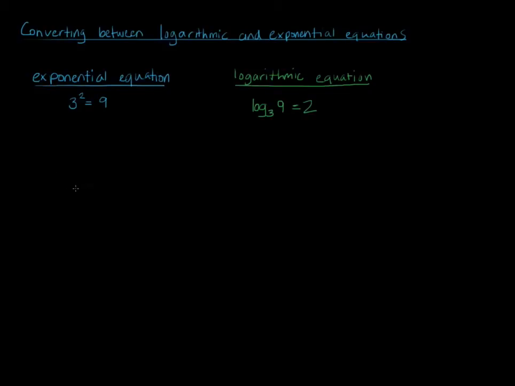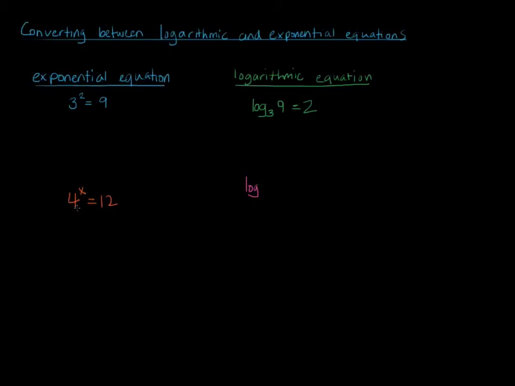So if we have an exponential equation, 4 to the x equals 12, how would we translate that into a logarithmic equation? Let's start by writing log. Every log has a base, and the base is the same as the exponential equation's base.